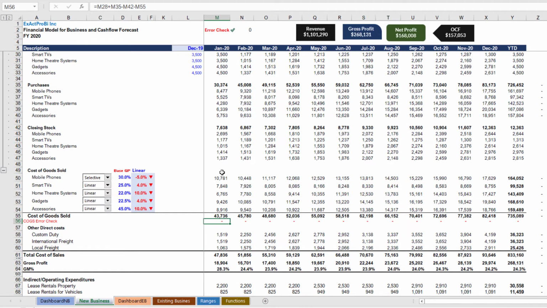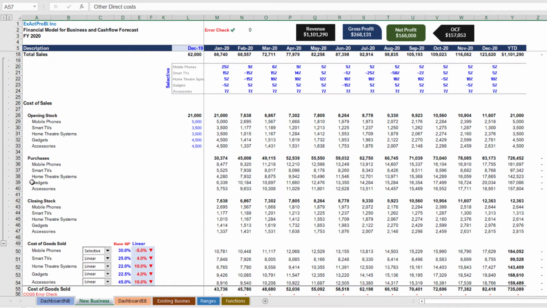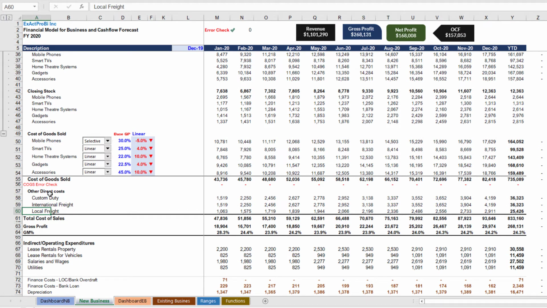Now below that we have custom duty, which is other direct costs. Since we are assuming we're going to import these products from another country, there will be some custom duty, international freight and local freight. Here, according to your business environment, you can input as many other direct costs as needed. If you have other costs like other transportation or whatever, depending upon the model of your business, you can put them in here or add more lines.